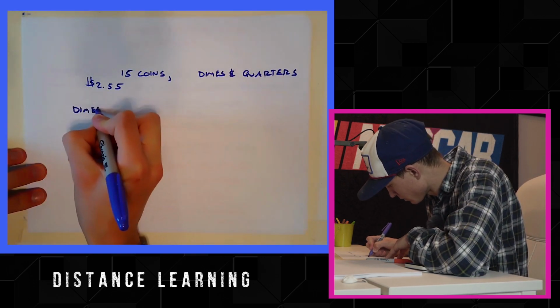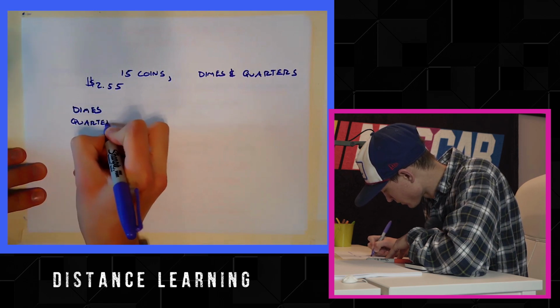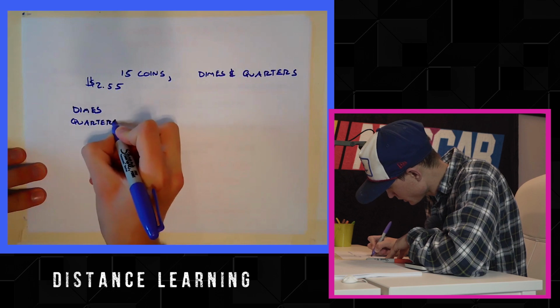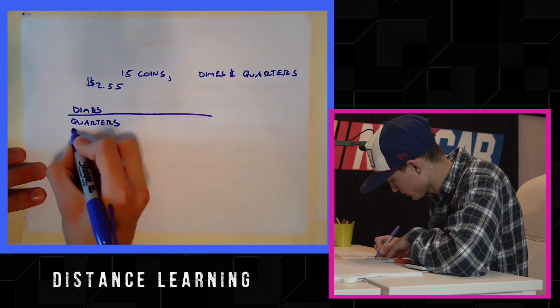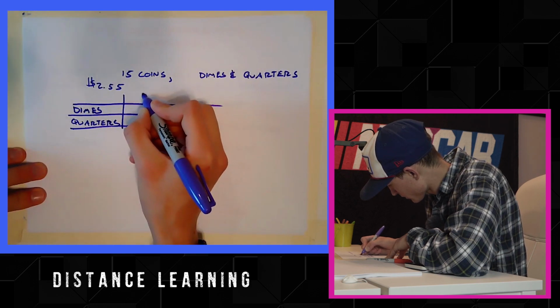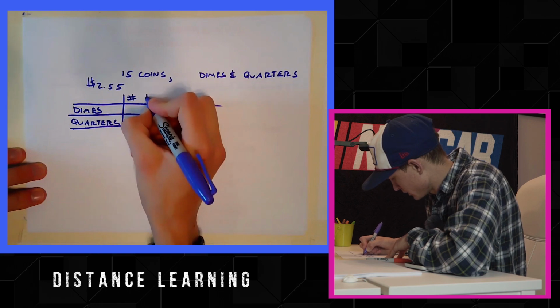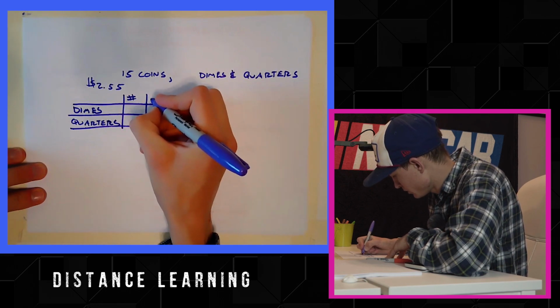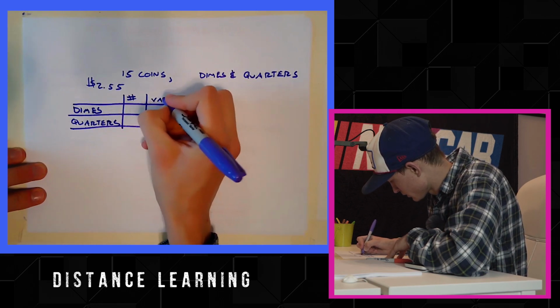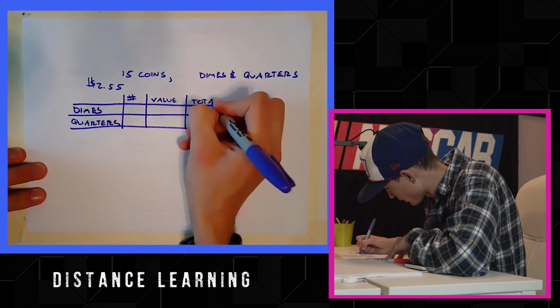So, I'm going to have dimes, quarters. Spelling is hard. And we're going to have the same thing, however. Number, value, and then total worth.